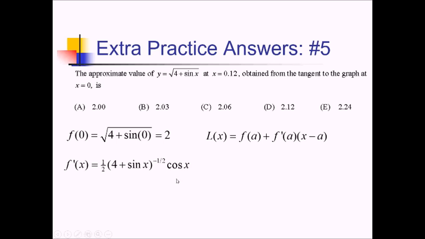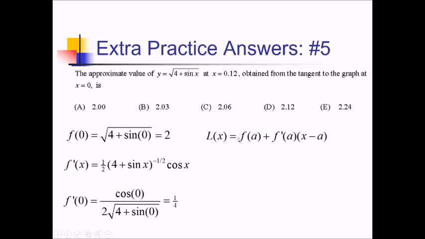Now if I plug 0 into that, I can write the cosine of 0 in the numerator, and down below I'm going to have 2 times all of this stuff square rooted with a 0 plugged into that sine function. Simplifying this, cosine of 0 is 1. Down below we have 4 plus sine of 0, which is just 4. Square root of that is 2, times the other 2 gives us a 4 again. So when the dust settles, we've got 1/4 for f prime of 0.